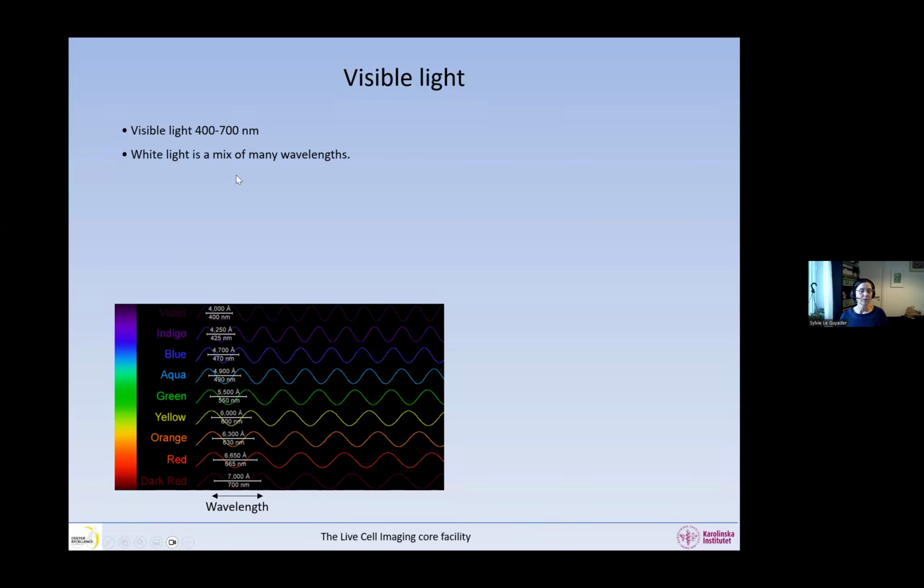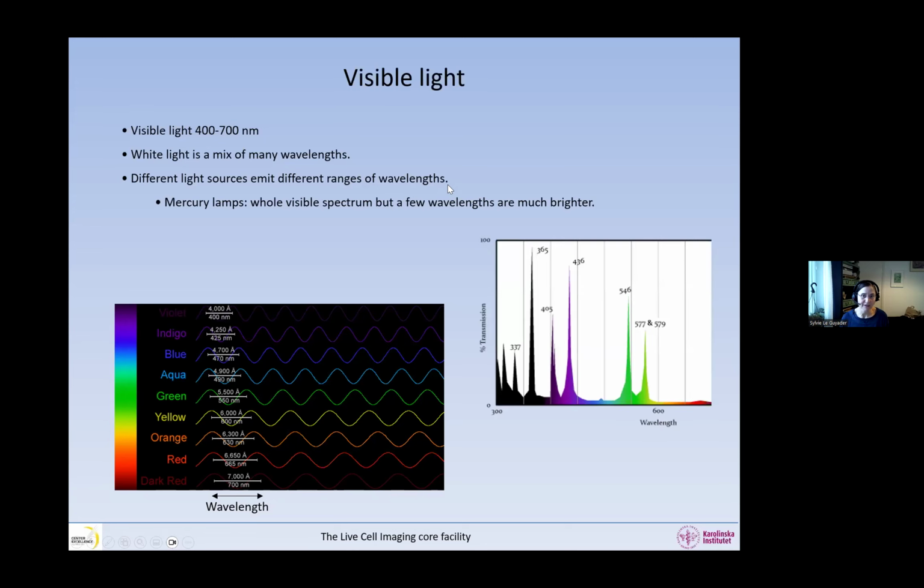When we shine white light on our sample, white light is a mix of all these colors, or a number of them. Basically, white light is not a pure color, it's a mix of colors. We can have different light sources that we use in microscopy, and they emit a different range of wavelengths, but they are also not even in their distribution.